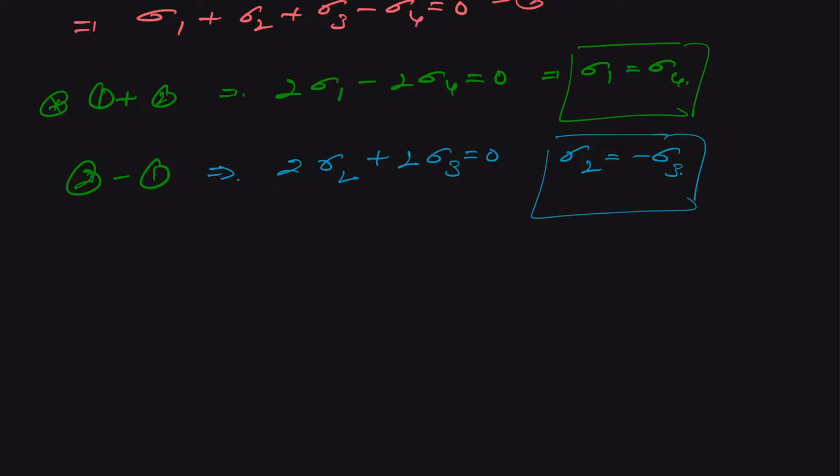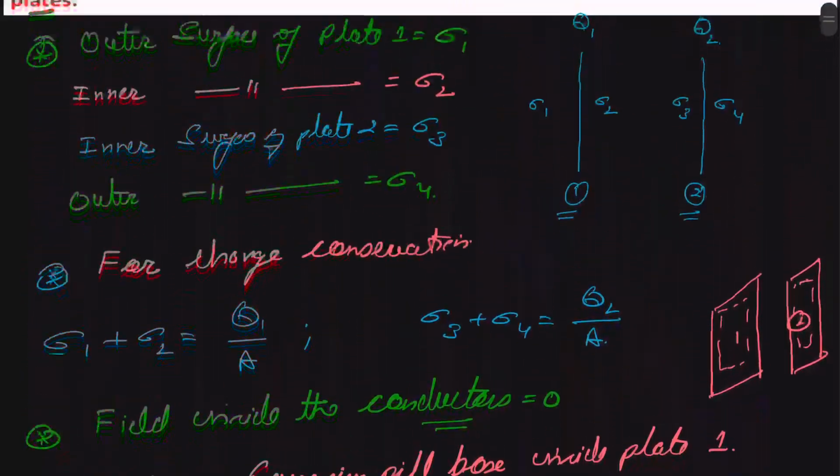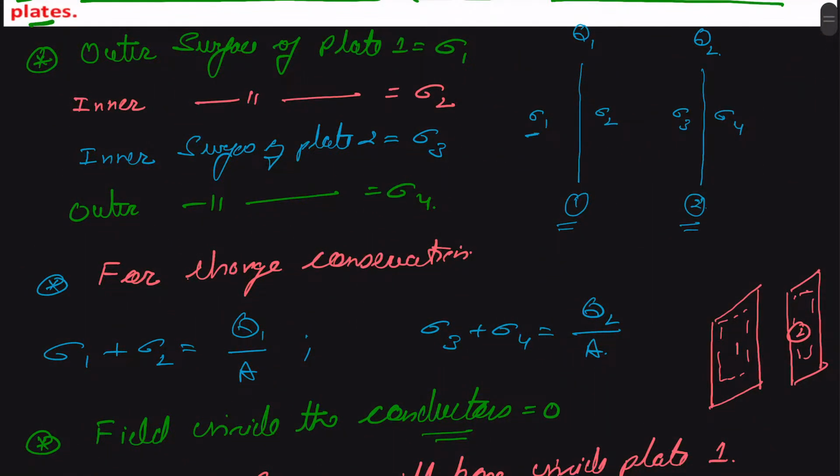So we got the respective charge densities. So it means that the outer surfaces have the equal charge and the inner ones are having equal but opposite charge. If you look closely, the outer are having the equal charge and the inner are having the equal but opposite charge.